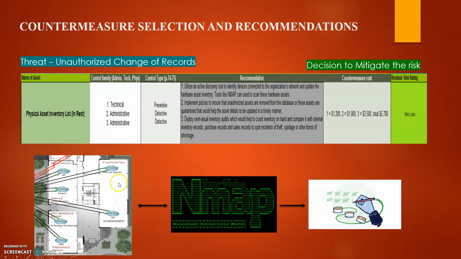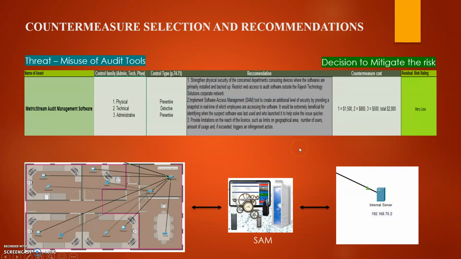For the recommendations to mitigate this particular threat, we have recommended to utilize an active discovery tool to identify devices connected to the organization network and update the hardware asset inventory as well. Tools like Nmap can be utilized for this purpose. And we can also deploy semi-annual inventory audits and compare them with other internal inventory audits as well. To deploy these recommendations, the countermeasure cost will be $5,700 with the residual risk rating being very low.